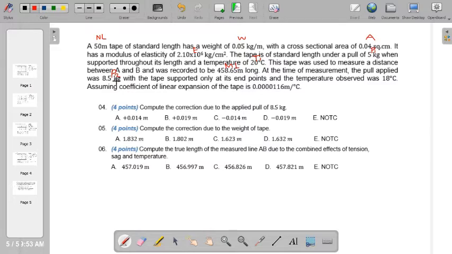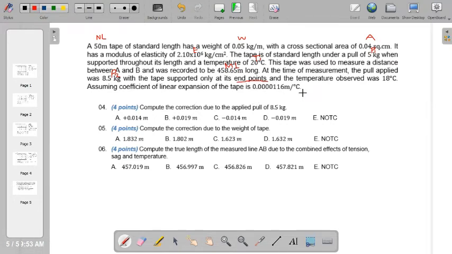But when you say that the tape is supported only at its end, ibig sabihin kung 50 meters ang length ng tape mo, nakasupport lang siya sa 0 at saka sa 50, no? So you need to understand that. Later I'm going to demonstrate how it is.